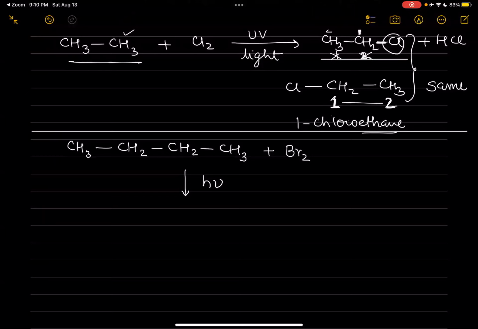You need to think about what the different possibilities are. There are four carbon atoms; are all four of them different or same? Some of them are the same.